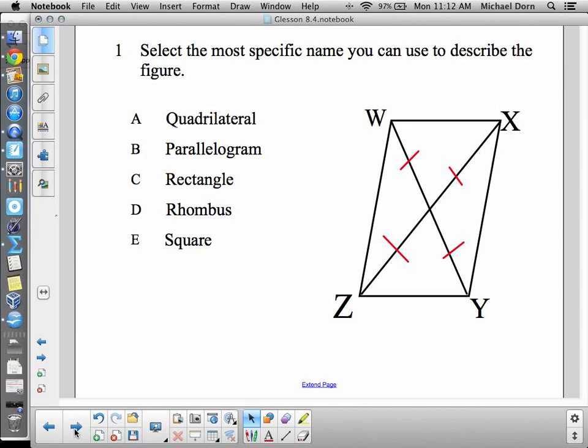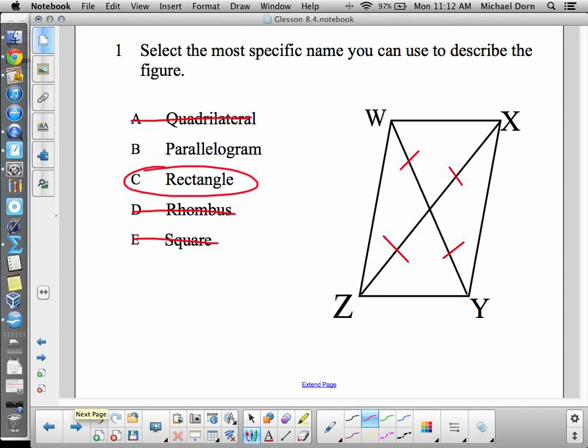Are the diagonals congruent? Yes, they are. So it might be a rectangle, maybe not a square. Are the diagonals perpendicular? No. Therefore, rhombus and square are out. We already ruled out quadrilateral. We know it's a parallelogram, but the best description is a rectangle.